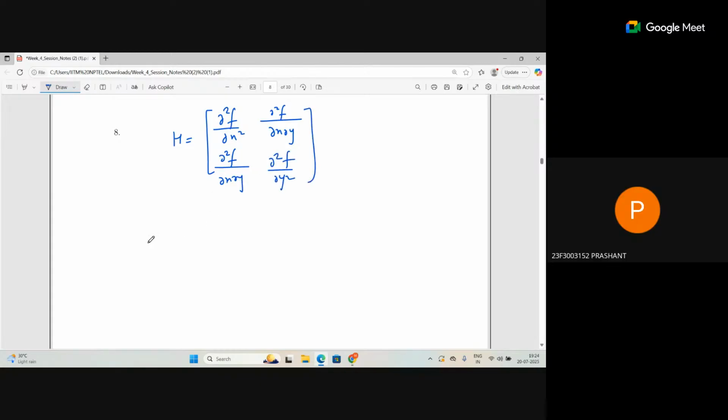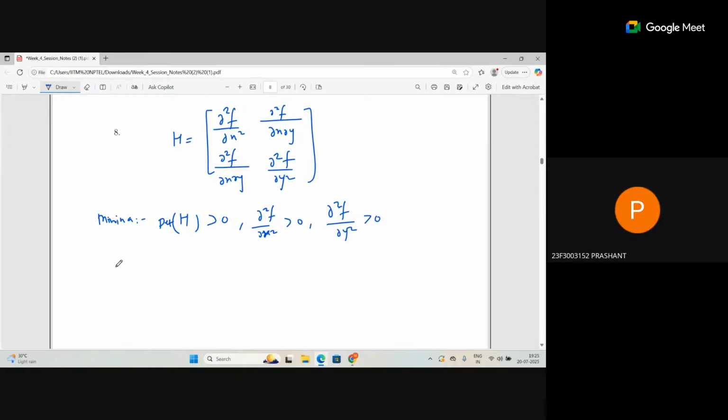So for minima, the determinant of H has to be greater than 0, positive, and del 2f upon del x square should be positive, and del 2f upon del y square should be positive. Okay, so that is enough.